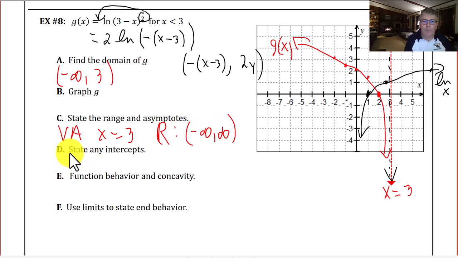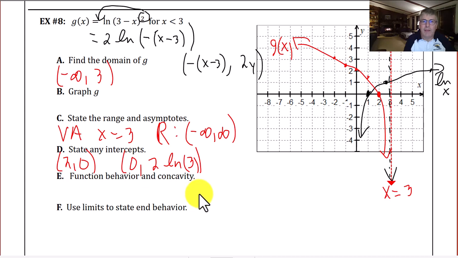Intercepts are a little bit more difficult. We definitely have an x-intercept at (2, 0). The y-intercept is a little bit more complicated. When x is 0, y is 2 times the natural log of 3.